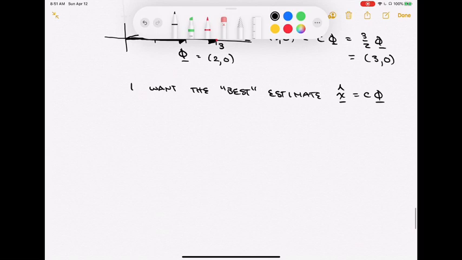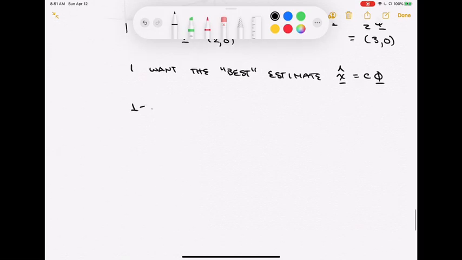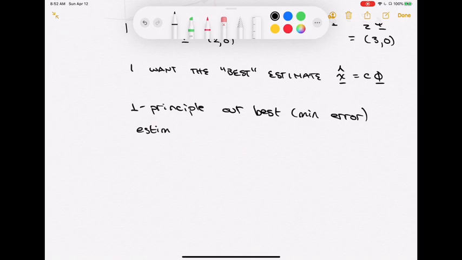So the orthogonality principle says our best estimate, minimizing the size of that error, is found, as we just derived, as C equaling X dotted with phi over the size of phi squared, which we said we could do through an inner product as well.